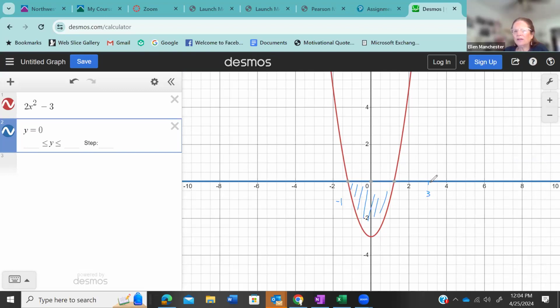But over here, the upper is the quadratic and the lower is y equals 0. So you have to break this up. Remember, you can use Desmos for this one. It does help. Then you can actually click on it, and it'll tell you where to start and stop.